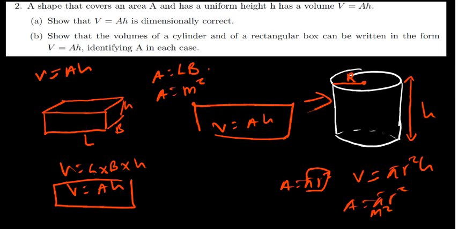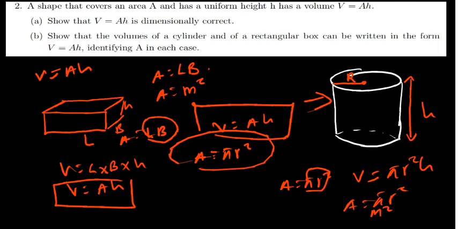Now they are saying identify A in each case. We have identified that A for the rectangular block is L times B, and for the cylinder A is pi r squared. Have you seen, Mr. Samist? I've forgotten your name again. Okay, cool. So that's how we solve that question.